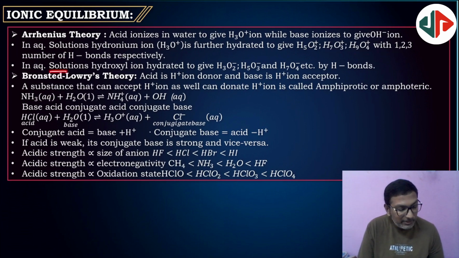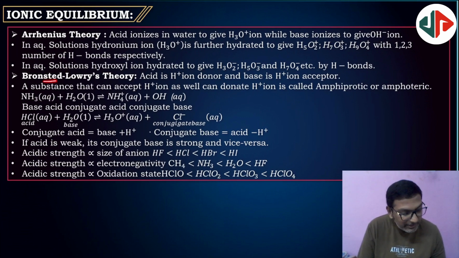Next, in aqueous solutions, hydroxyl ions, OH minus ions exist as H3O2 minus, H5O3 minus, H7O4 minus by hydrogen bonds. So H plus and OH minus can interact with water to form different types of ions.